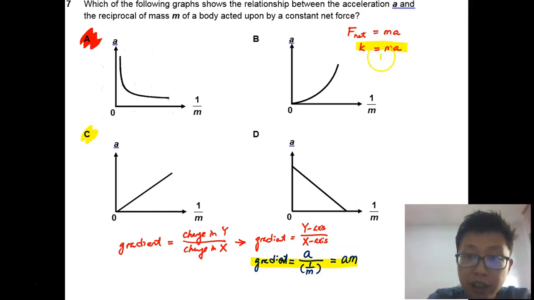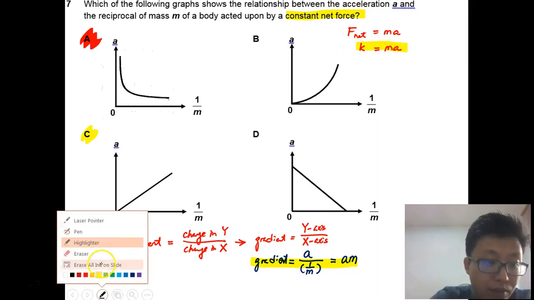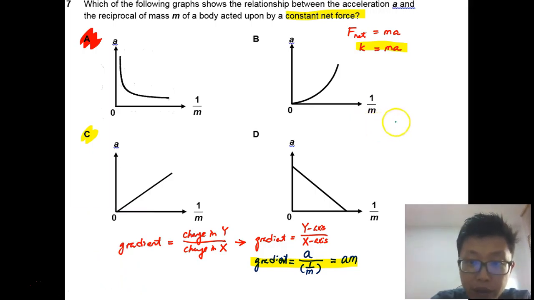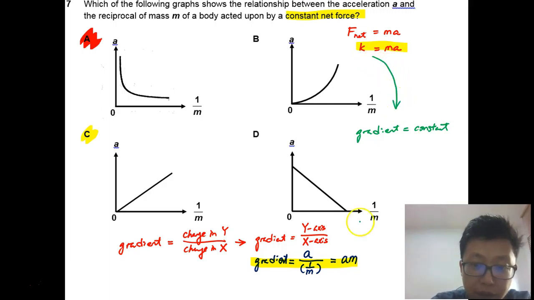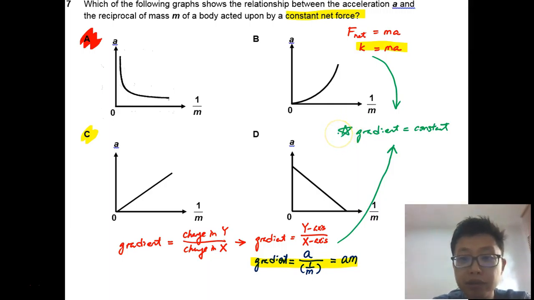You can see that if my m times a is equal to my gradient, and I know from the information given by the question that m times a will also give me a constant value, combining these two pieces of information, I can conclude that my gradient is actually equal to a constant. So this information plus this information give me this deduction.